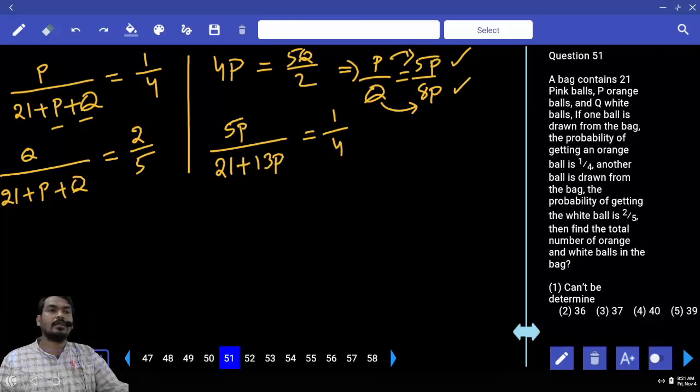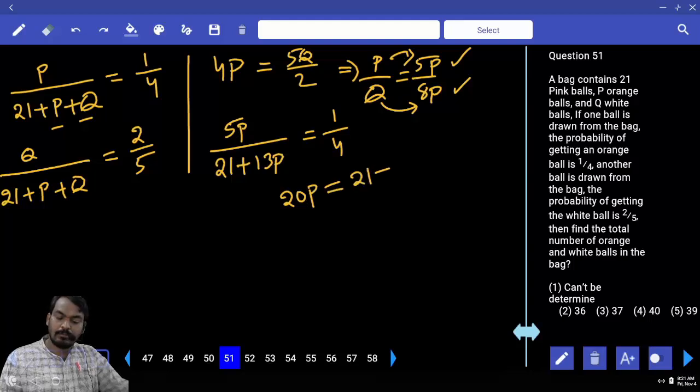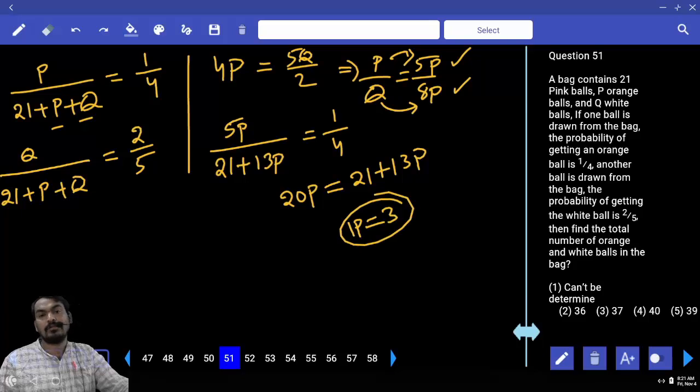Solving this one we get the 1 part value or not? 4 5s are how much? 20 parts. That is equal to 21 plus 13 parts or not? Then 7 parts equal to how much? 21. Then every 1 part is 3 or not? How many parts we need? 13 parts. 13 3s are 39 or not?